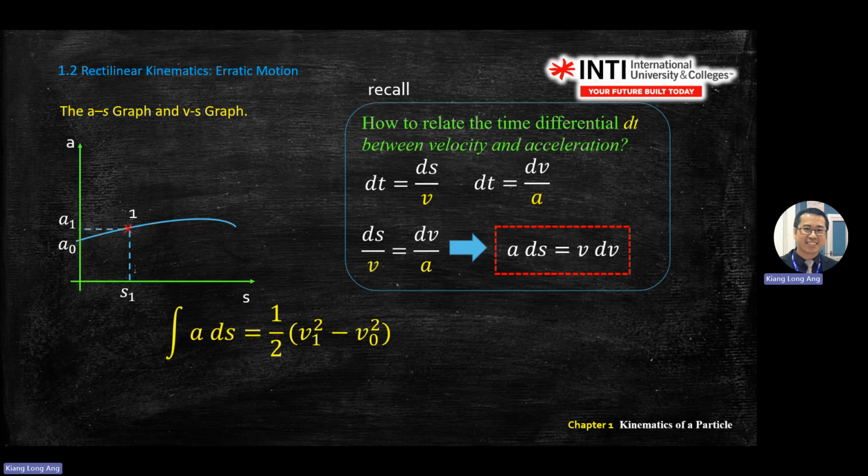Then you arrive at V squared divided by 2 from V1 to V2, so V2 squared minus V1 squared. On the right-hand side I didn't do anything, I just copy. You arrive at this one. Make sense? In the slide I use V1 and V0, and here I use V1 and V2.